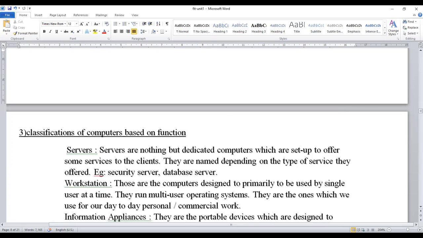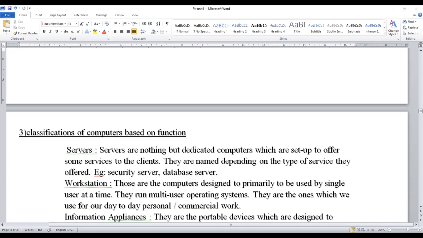So, classifications of computers based on functions. We will see hybrid computers also. Image of hybrid computers. So these are the hybrid computers. This is an olden day hybrid computer. So we have new day computers also.